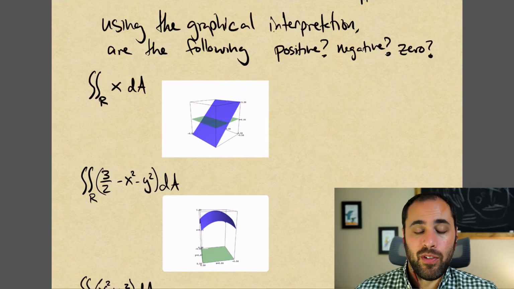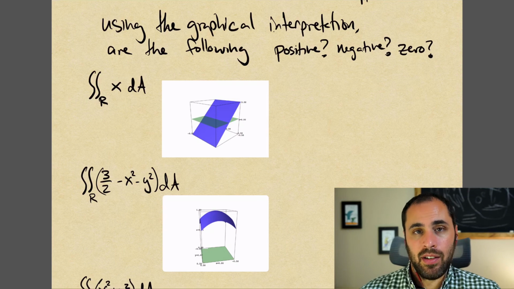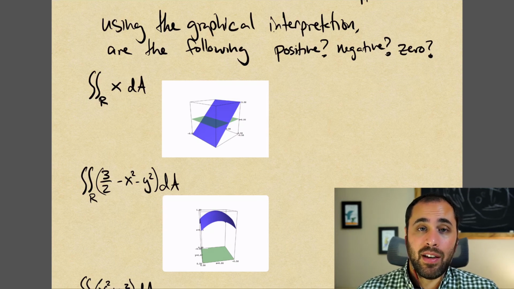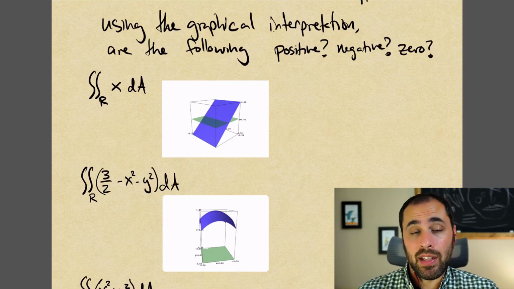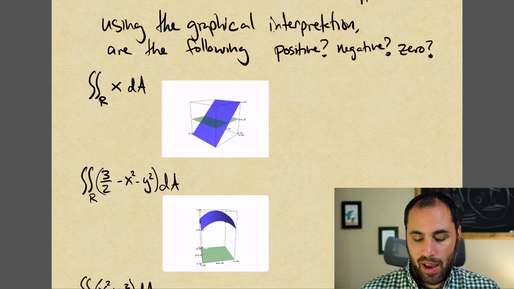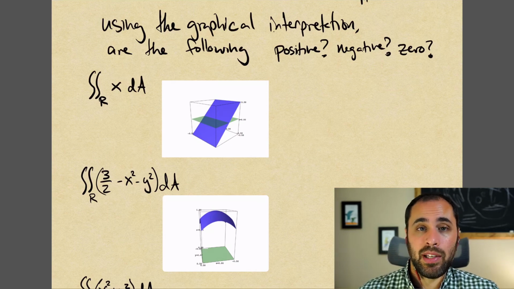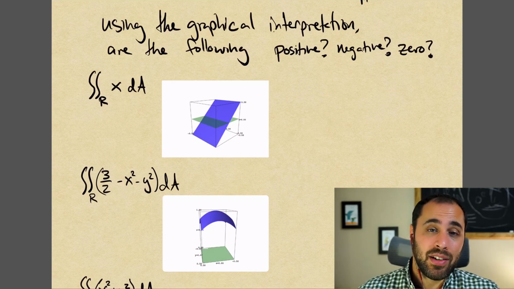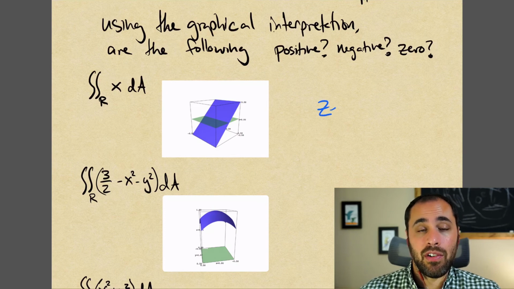So for the first one, the integral of x, we have half of the surface above the xy plane, that is in positive z territory. Half of it is below the xy plane. These halves will cancel out and give us an integral of 0.